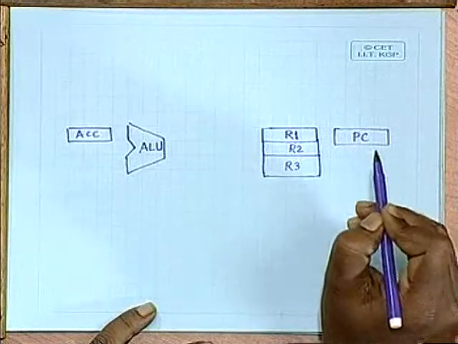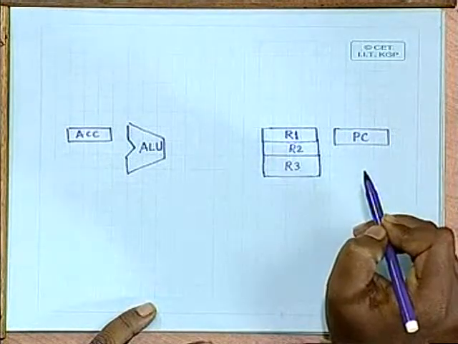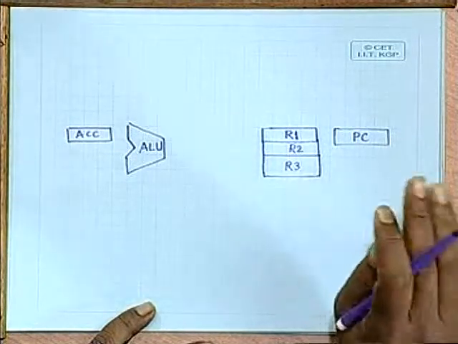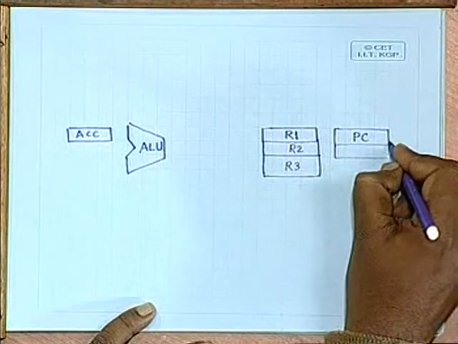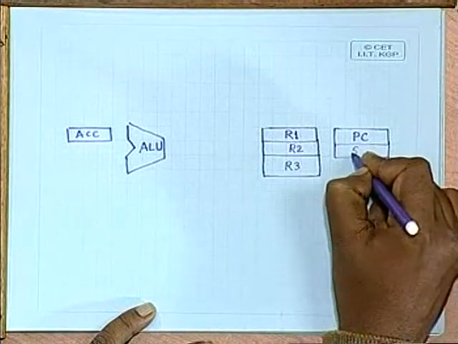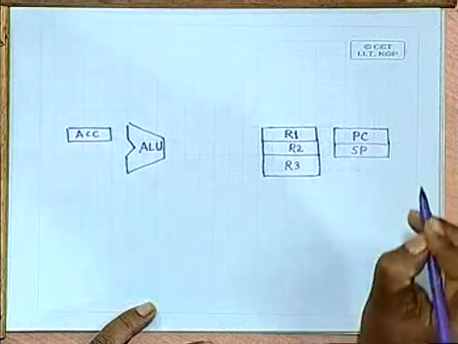To save all this information, I must know where in memory it is saved. This information is saved in some memory locations which are called stacks, and the addresses of those stacks are given by another register which is called a stack pointer, or SP.